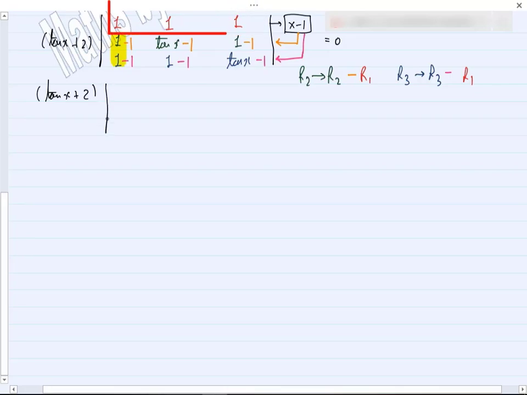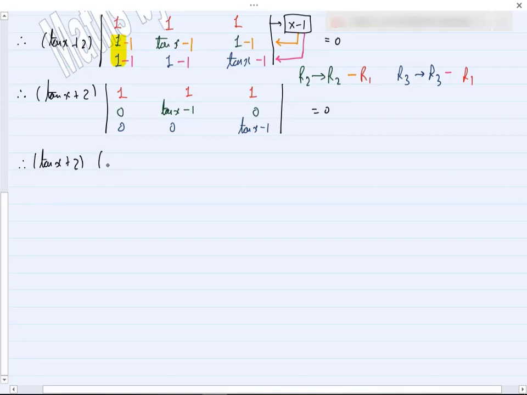So our first row of the determinant will be as it is. The second row will be 0, tan x minus 1 and 0. And the third row will be 0, 0 and tan x minus 1. So here we get an upper triangular determinant, tan x plus 2 will be as it is.